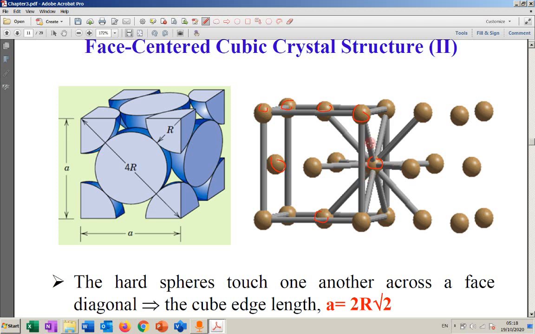Now when we say face, there is another unit cell beside here. So if I do this, they will give me another unit cell here. This is another unit cell.